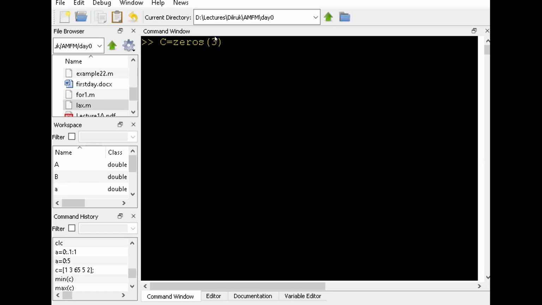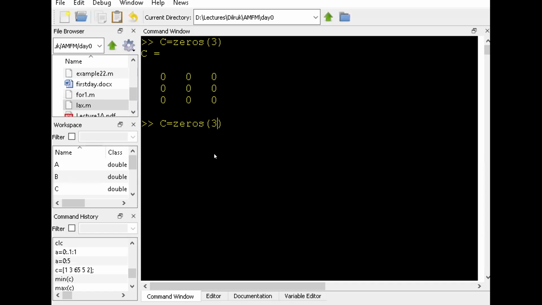This means a square matrix, the dimension is 3. The number of rows and columns are the same. So C would be a 3 by 3 matrix with all zeros.